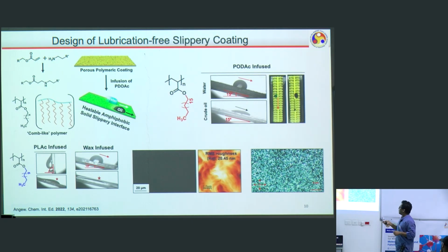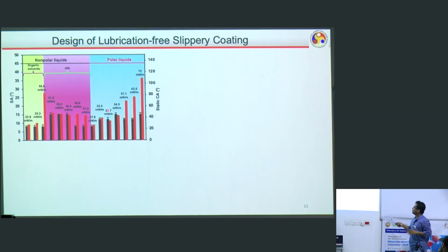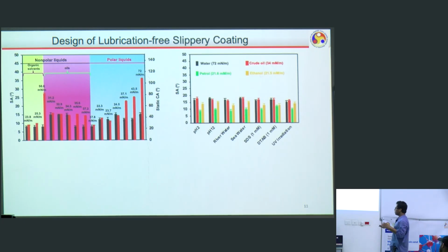Not only crude oil and water, you can see various non-polar and polar liquids that you can effectively slide off across these coated interfaces. And they remain quite stable in acidic, alkaline, river water, artificial seawater, and surfactant-contaminated water for a few weeks.